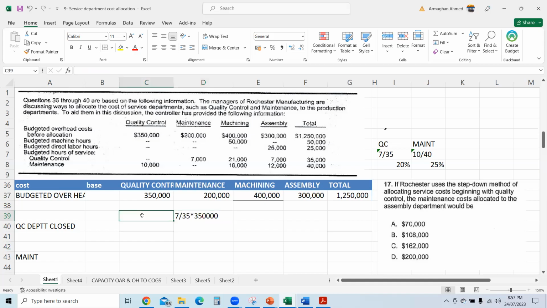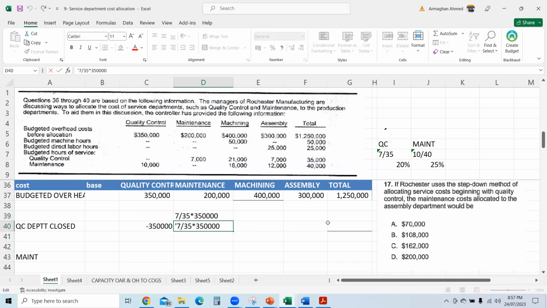And here it will be minus 350,000, or better, I should do it in the next line. So 7 over 35 into 350,000 is 70,000. 70,000 allocated to maintenance, right?